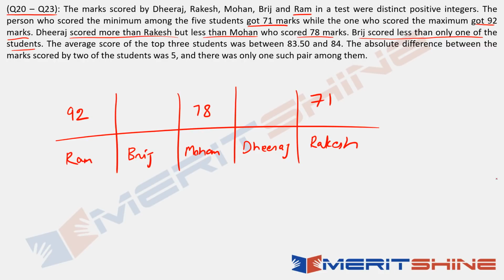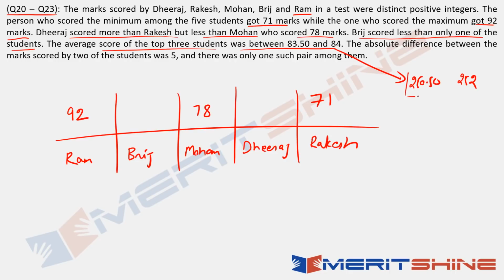All right, and what else is given? The average score of the top 3 students was between 83.5 and 84. Probably this was the statement. 84 into 3, I'm finding the total. So 240 plus 12, that is 252. And 83.5 into 3 would be 250.50.